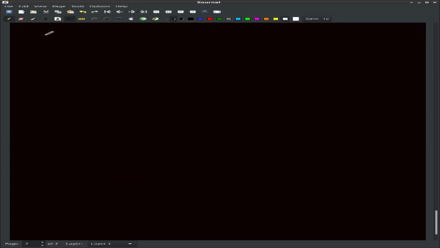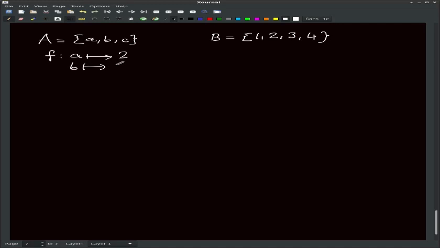So suppose A is this, and say B is your finite sets. And suppose I say f looks like this. It takes, let me put it this way, A to say 2, B to 2 and C to 3.